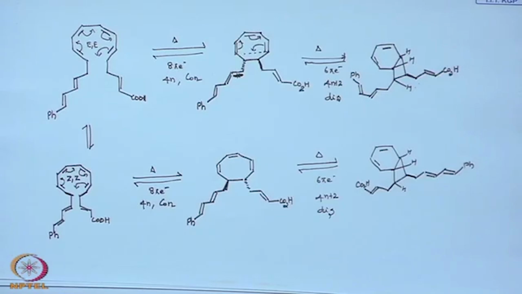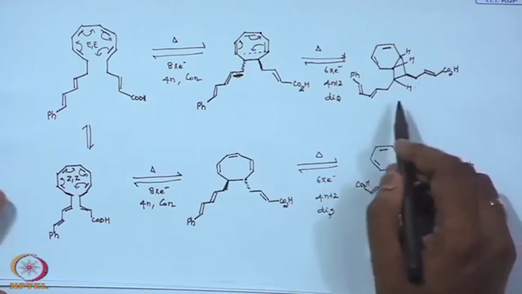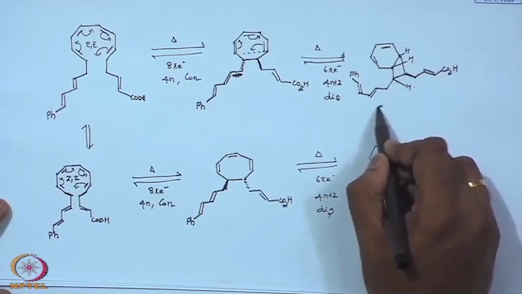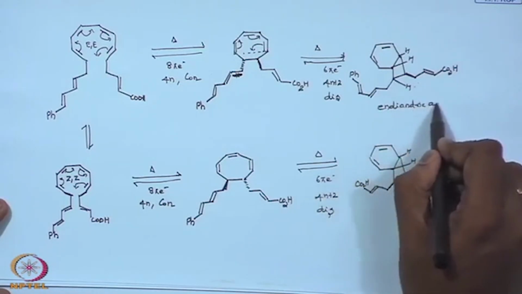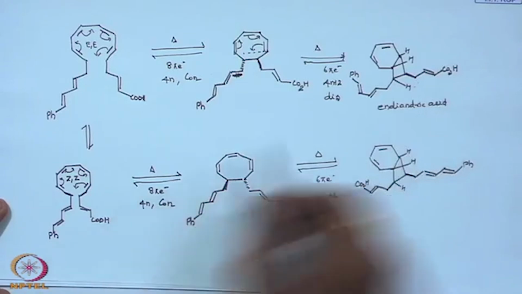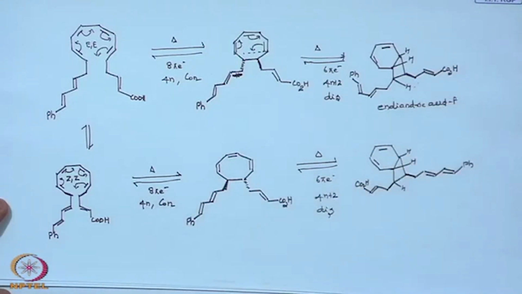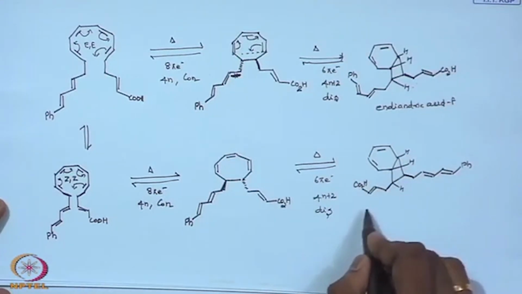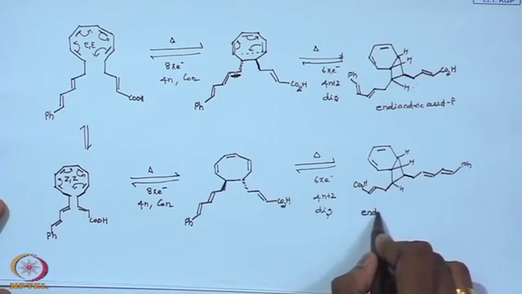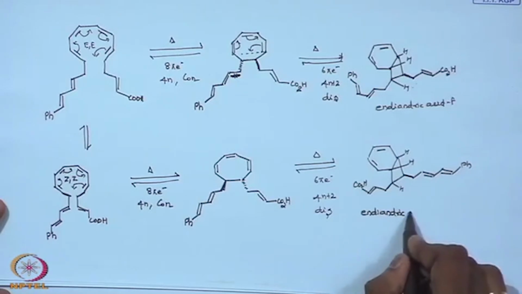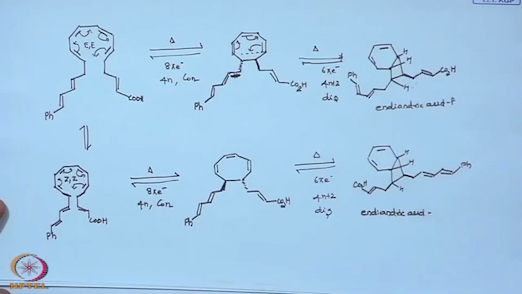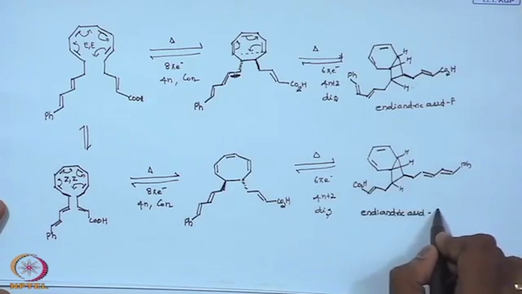Fine. So, this we call endiandric acid F, and this is nothing but endiandric acid, that is F, and this is your G.